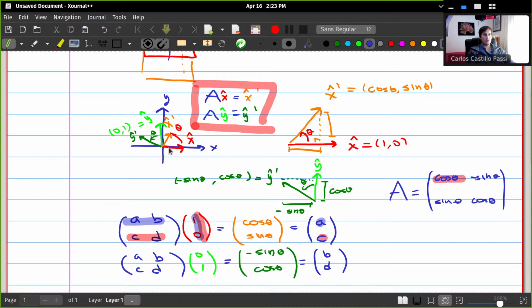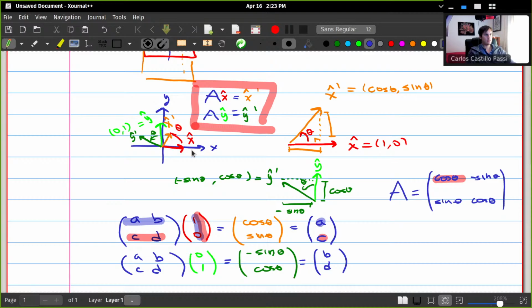So we started with x hat, this red vector, and y hat, this green vector, right? We know that the rotation matrix is a matrix, obviously, that when applied to any vector, it will rotate that vector in theta degrees.